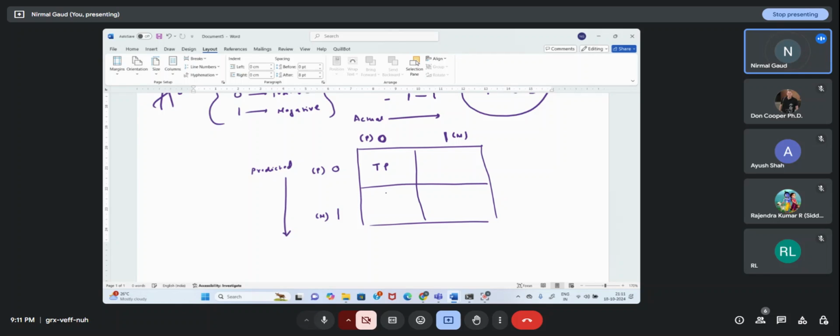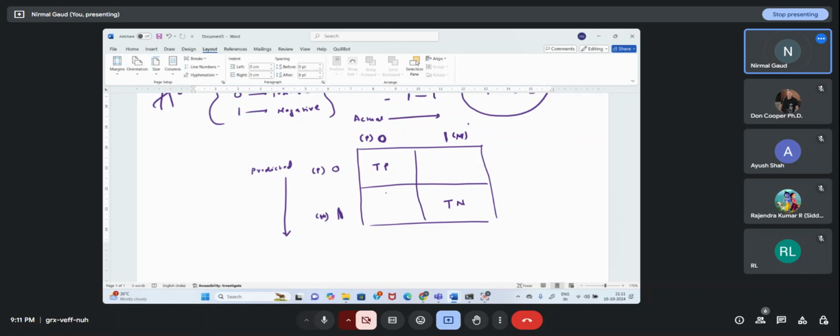Now if the actual is 1, model prediction is also 1, it is true negative.